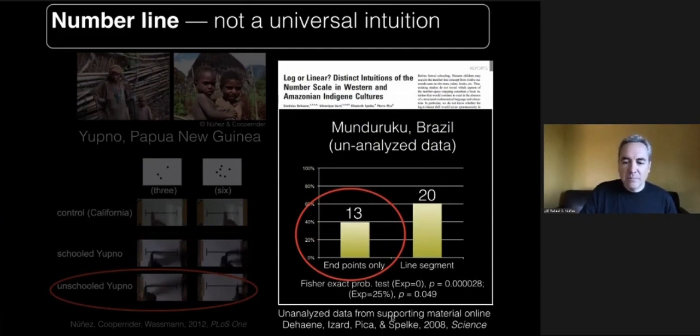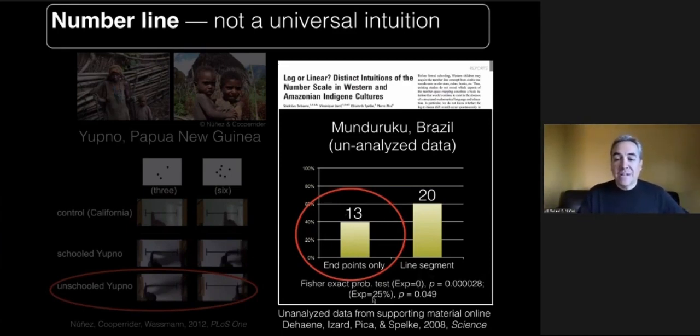This data only appears in the supporting material online, and they treat it pretty much as noise, as if something occurred with those people. But even if you run a simple statistical test saying that, let's say, number line intuition is universal, then you would expect 0 people in this column, and this proportion is highly statistically significant.